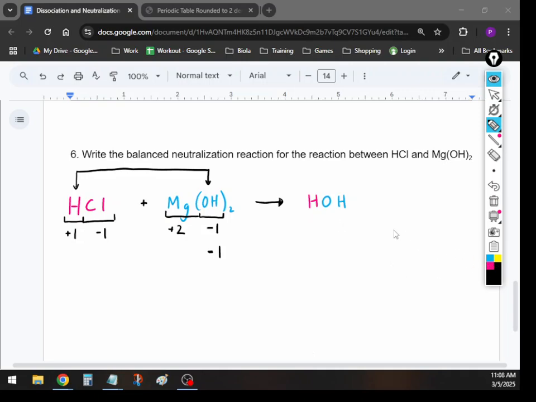All right, so that's going to be our water. Now we have to make our salt. The other parts of the equation are Mg, which is going to react with the Cl. So we're going to write MgCl.